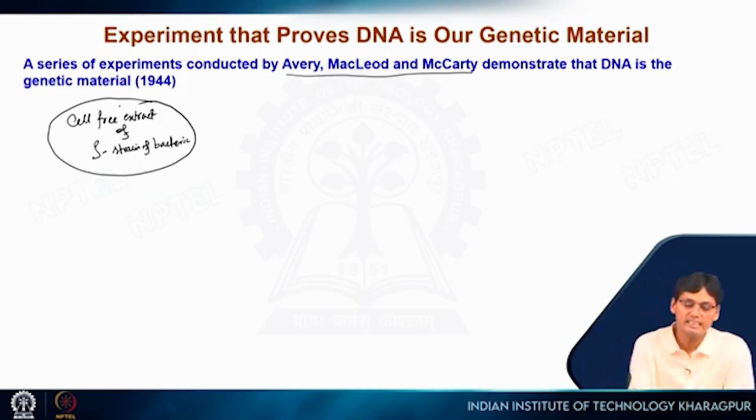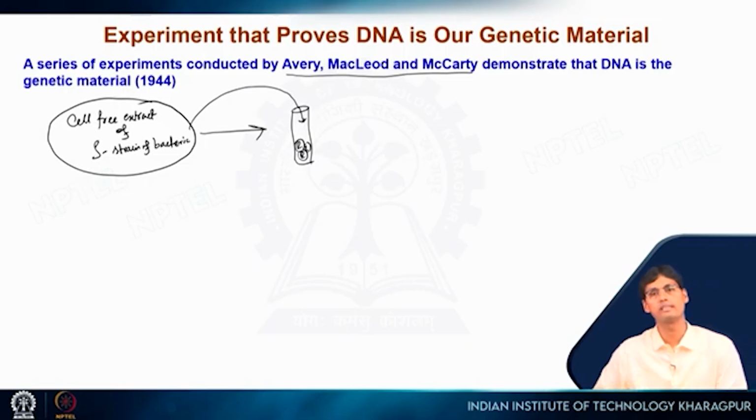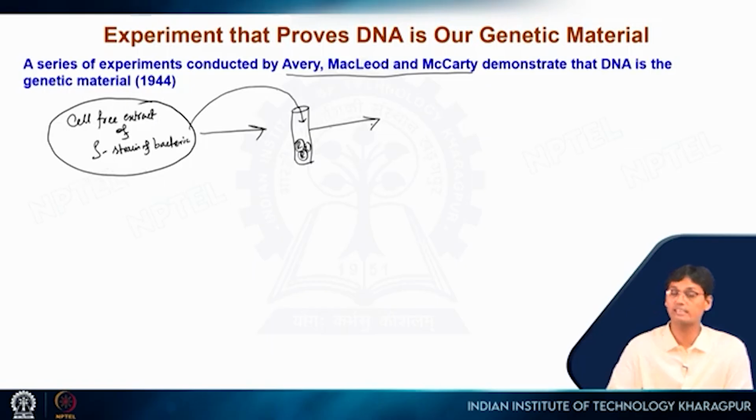What they have done, they took this cell-free extract, and if you add this extract in some tube where you have R strain of bacteria, right? So you are just putting this cell-free extract here, and if you culture this R strain of bacteria, after some time they observe that in this tube S cells bacteria also appeared.